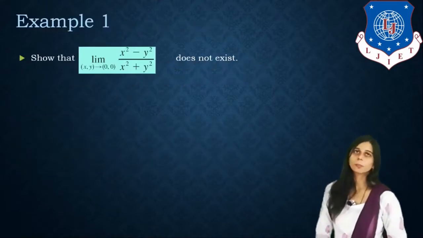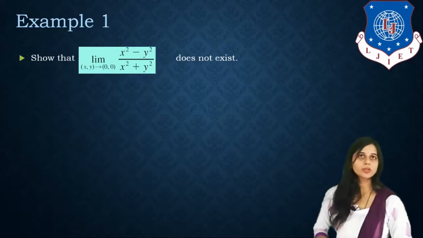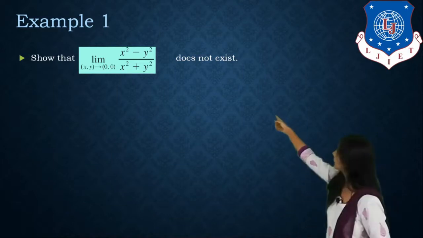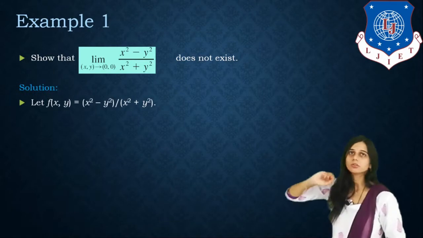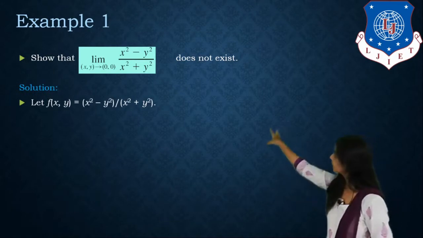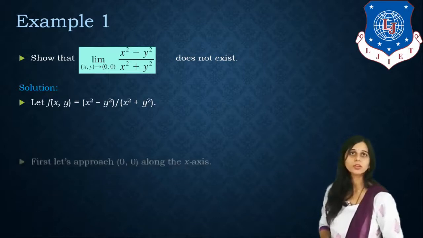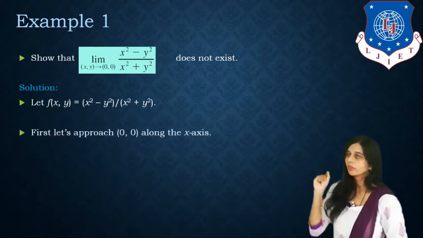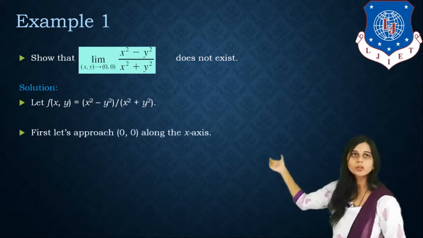Example 1 shows that the limit as (x, y) tends to (0, 0) of (x square minus y square) upon (x square plus y square) does not exist. For the solution, we write f(x, y) equal to (x square minus y square) upon (x square plus y square). We are taking a first path, approaching (0, 0) along the x-axis.